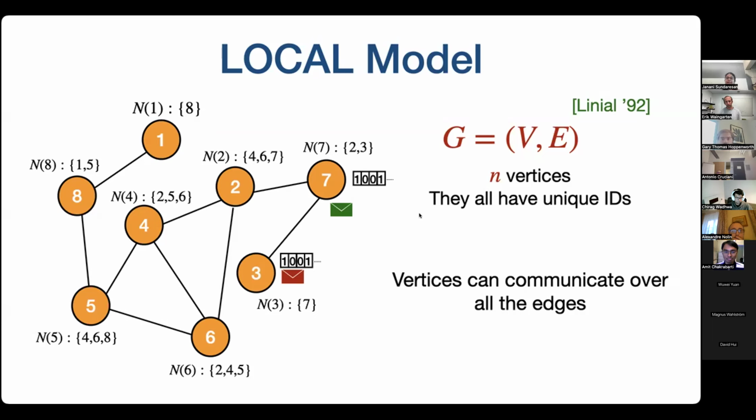We're not going to put any restriction on what these messages are or the length of the messages. So vertex 7 is going to look at its neighborhood and send any message it wants to vertex 3, and it can send a different message to vertex 2, and so on. It can also use its private randomness to figure out what this message is.